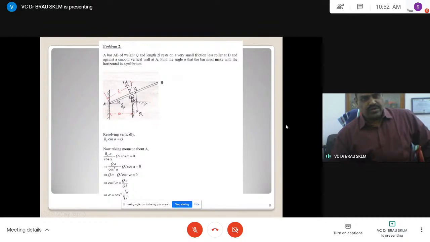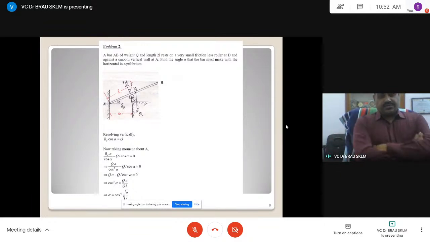To keep force parallel to this, now what we have to do is, this RD cos alpha is equal to upward is equal to downward. Or Q also resolve and keep as it is RD. And then resolve upward and downward, resolving vertically.